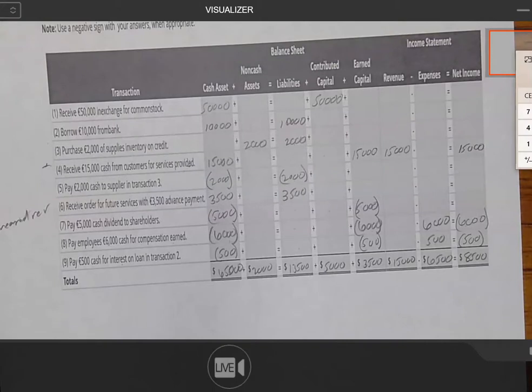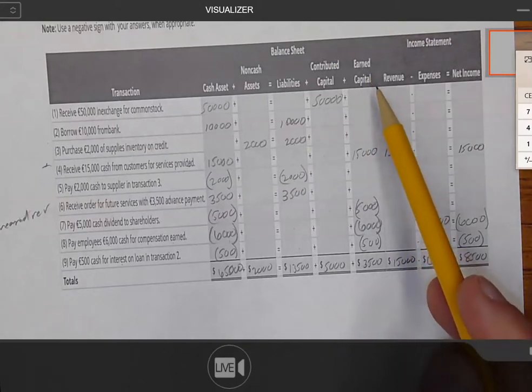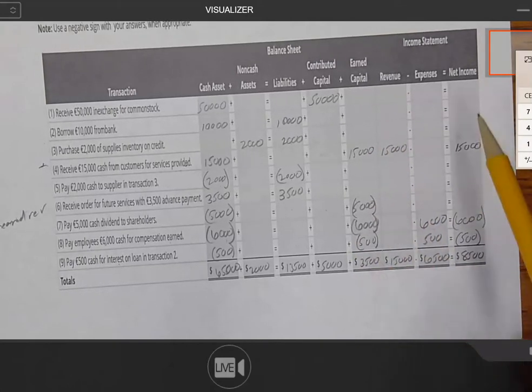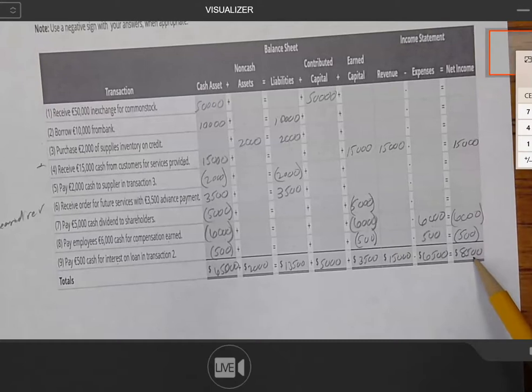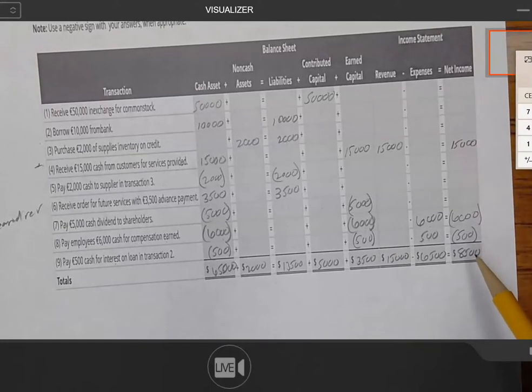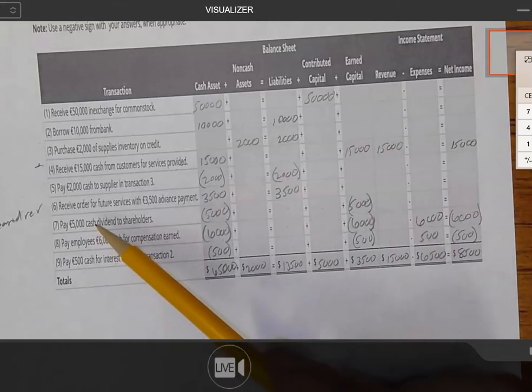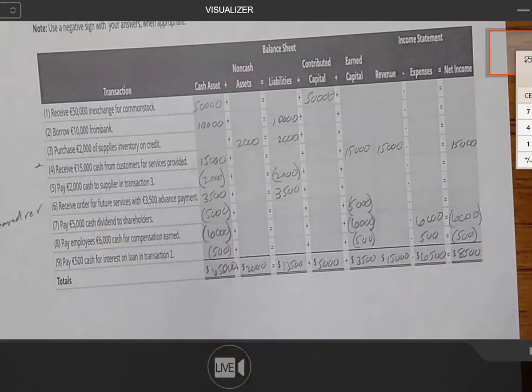Move this out of the way just for a moment. I want you to notice that in the earned capital column here, we have 3,500, and in the net income column, we have 8,500. And this is correct because of what took place right here in transaction number 7. So net income and dividends are two separate things.